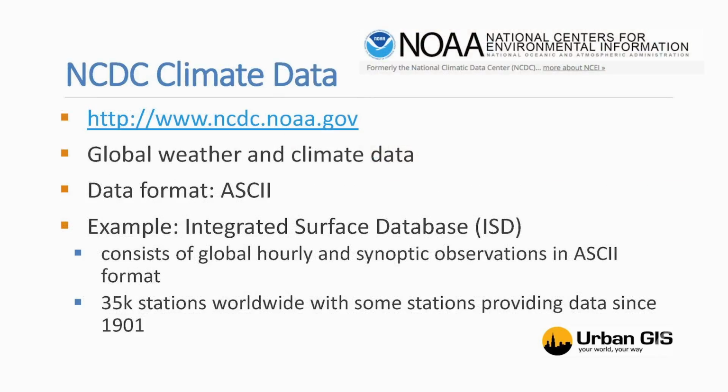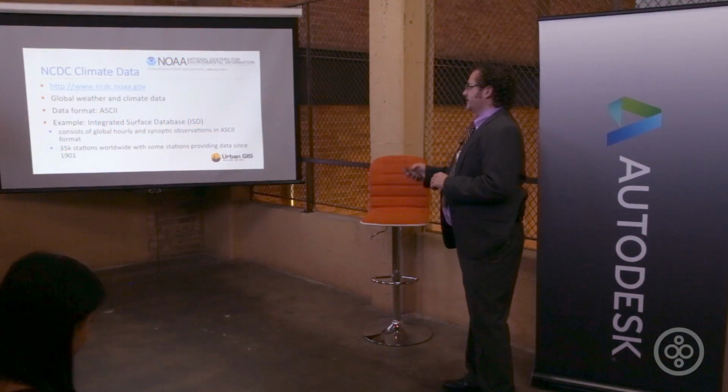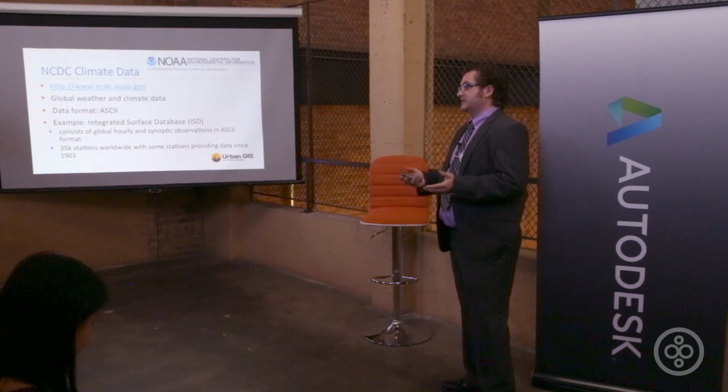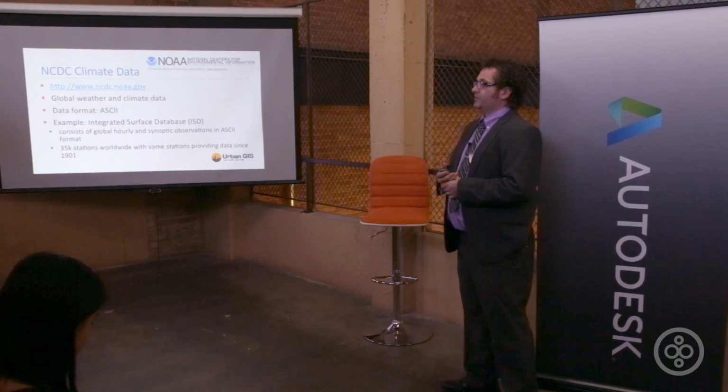The NCDC climate data is an interesting data set that I've had an opportunity to work with. This data set, they have like 35,000 weather stations. Some of these stations have been providing temperature data since 1901. And I was silly enough to download the whole archive. It was like 6 billion data points.